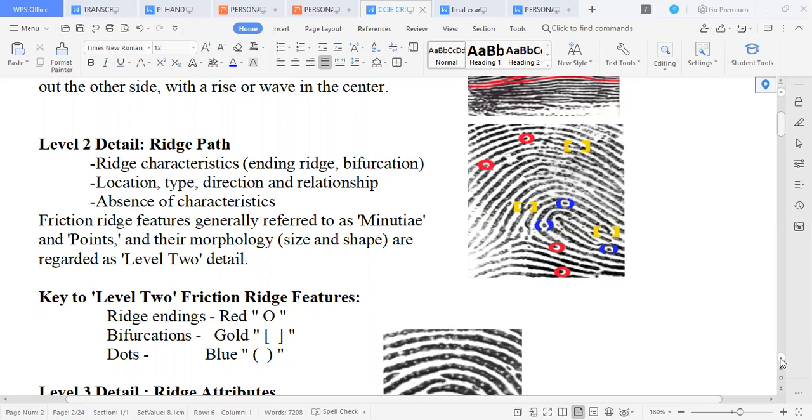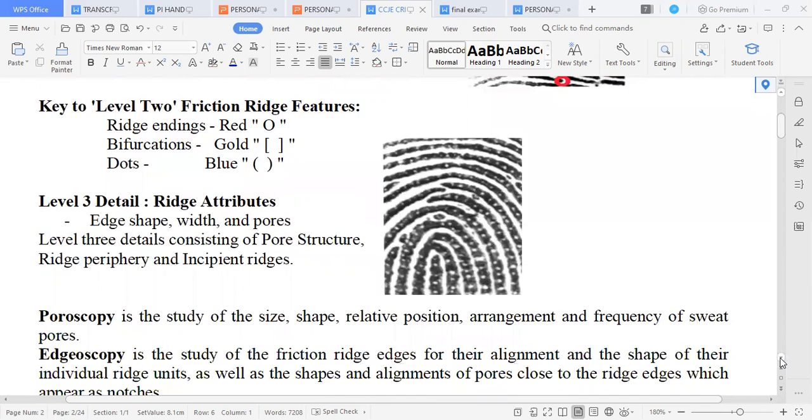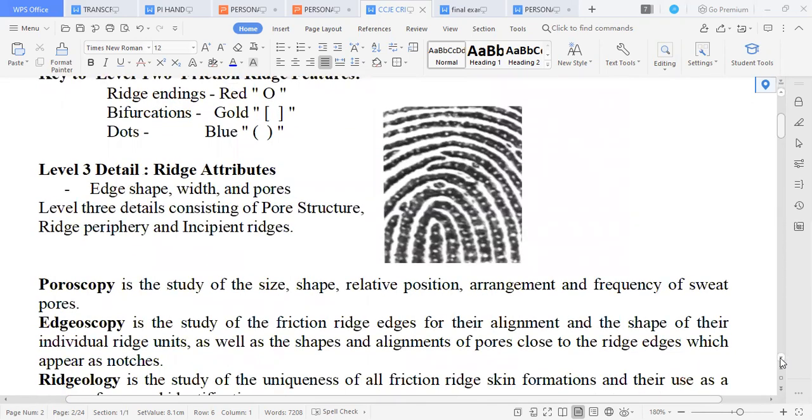That is emphasized in level 2, known as ridge path. For level 3, it tells us about the ridge attributes. It focuses on edge shape, width, and pores. The white holes in here are the pores. Also included are the pore structure, the ridge periphery, and incipient ridges.